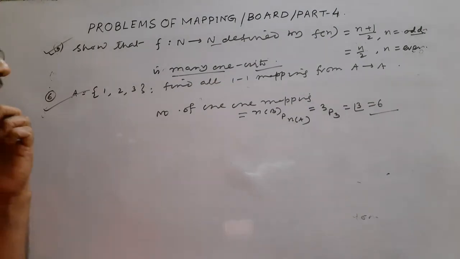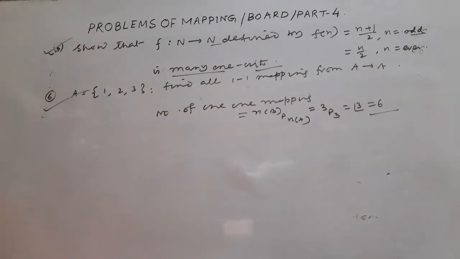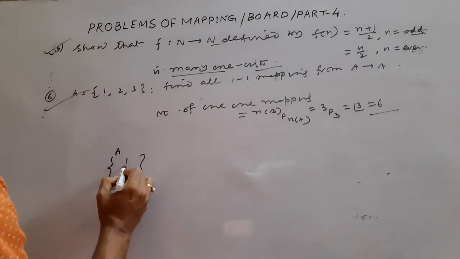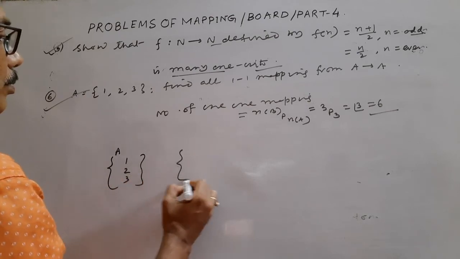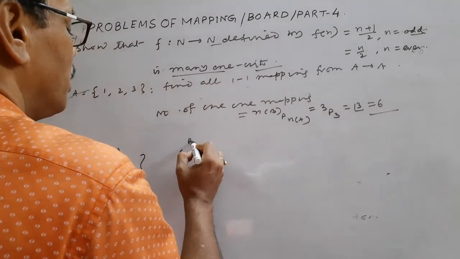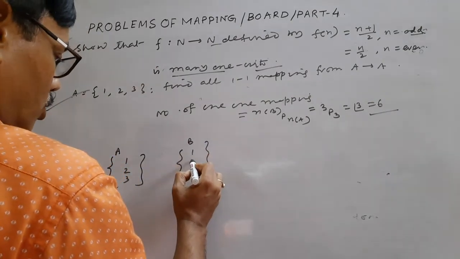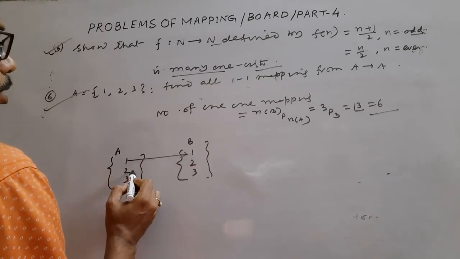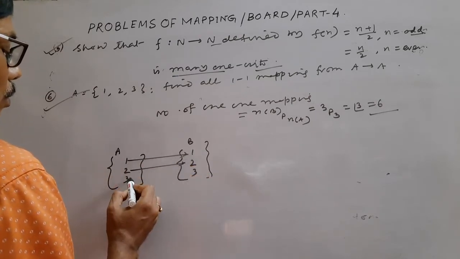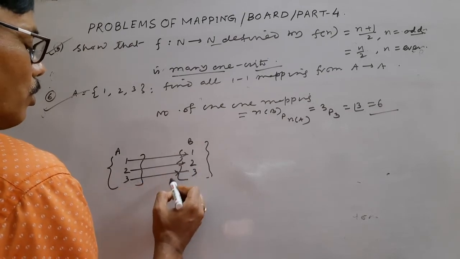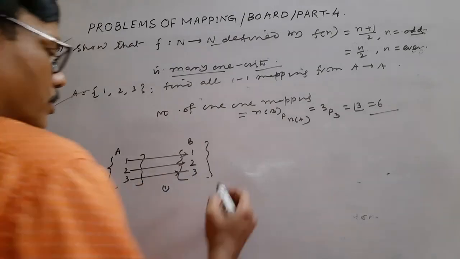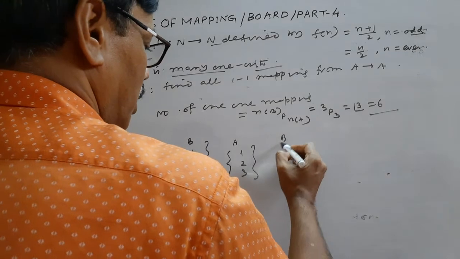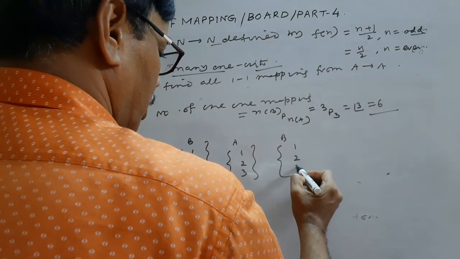So the number of one-one mappings is 6. Take A = {1, 2, 3} and B = {1, 2, 3}.